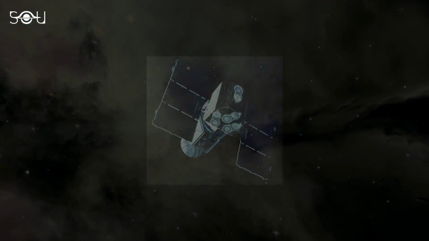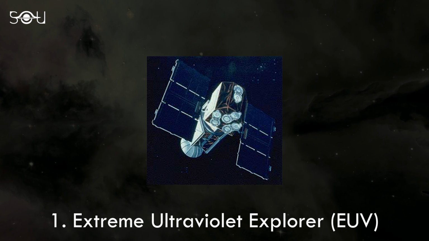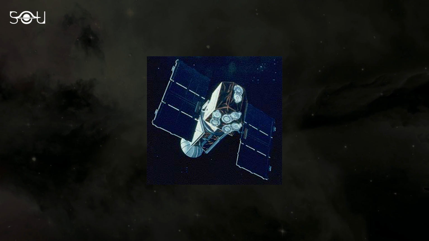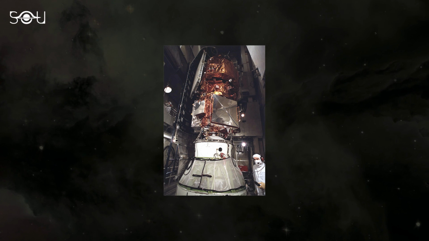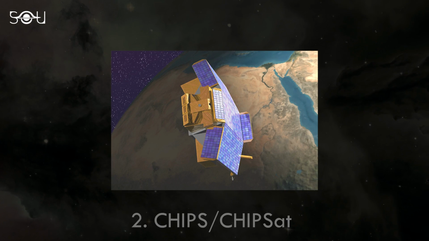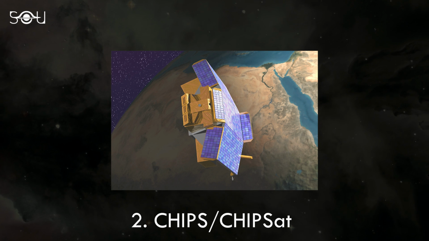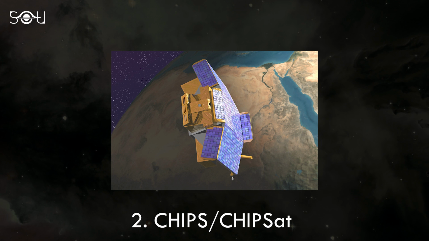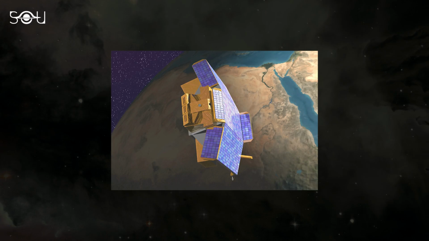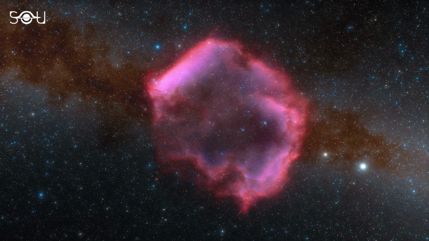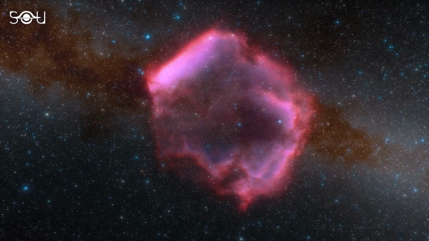It was a prime region of interest for the Extreme Ultraviolet Explorer mission, which ran from 1992 to 2001 and examined hot EUV sources within the bubble. Then, in February 2003, a small space observatory called Cosmic Hot Interstellar Plasma Spectrometer, CHIPS or CHIPSAT, was launched. This mission remained active till 2008 and examined the hot gas within the local bubble.